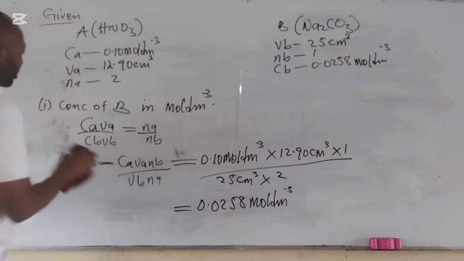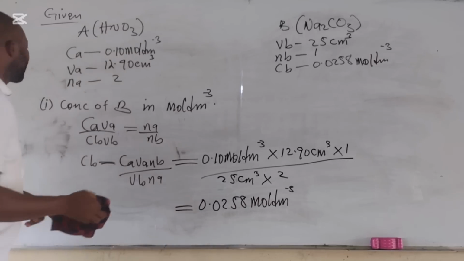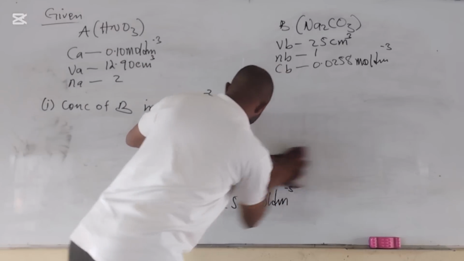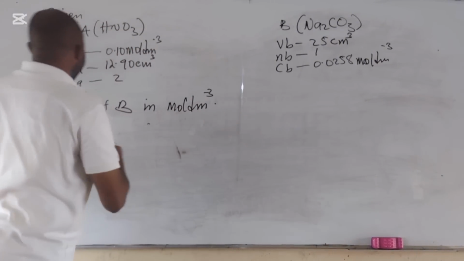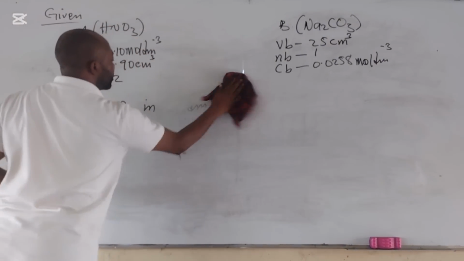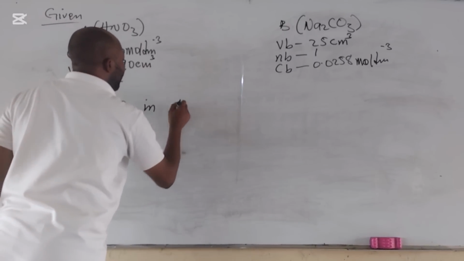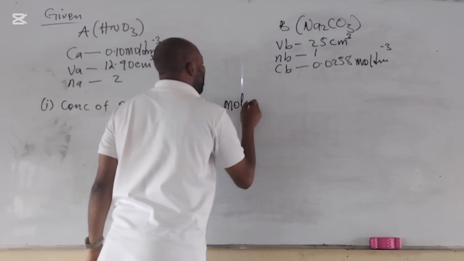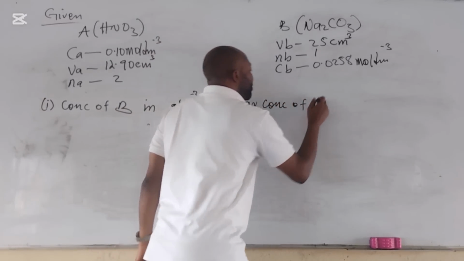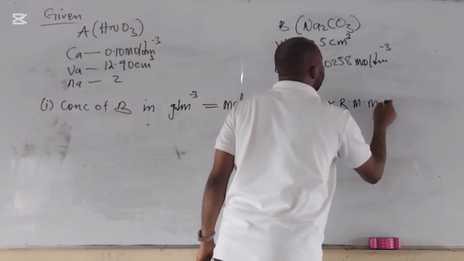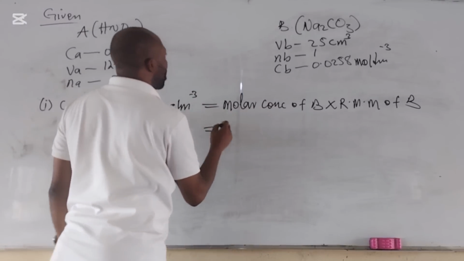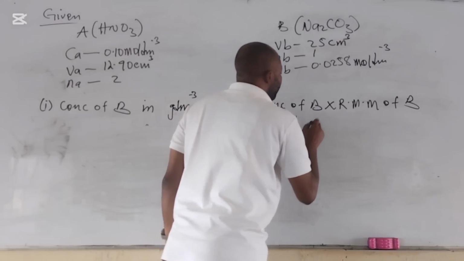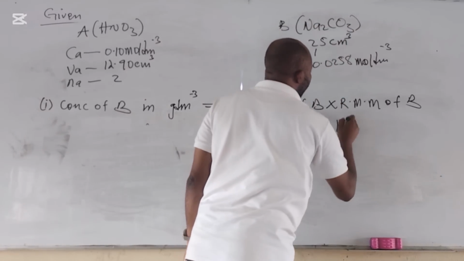So the concentration of B in g per dm cube, which is the mass concentration, is equal to the molar concentration of B times the relative molecular mass of B. The molar concentration of B, which we got to be 0.0258 mole per dm cube, times the relative molecular mass, which is 106 g per mole.